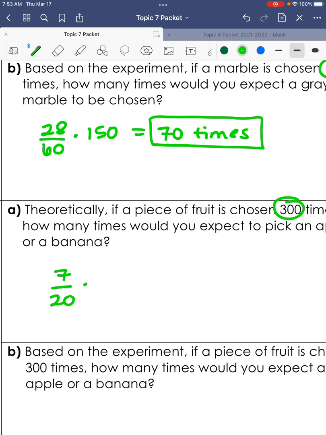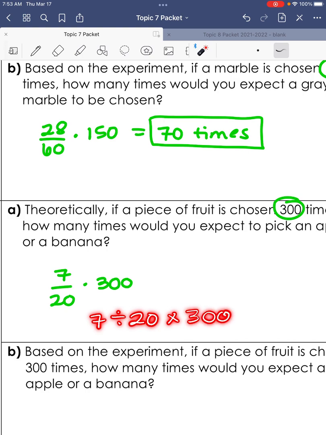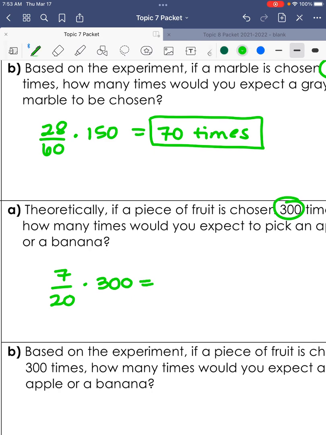So I'm going to take that fraction and multiply it times 300. So in my calculator, I'm going to type 7 divided by 20 times 300. And let's see what we get. 7 divided by 20 times 300 is equal to 105. So equals 105 times. So that's my answer. That's what we would expect.